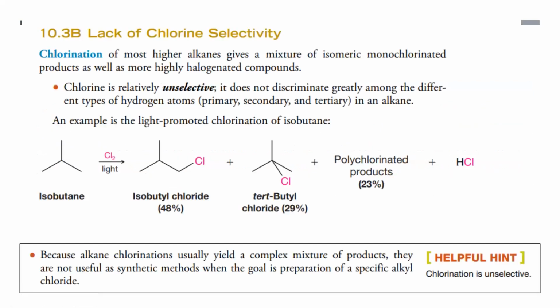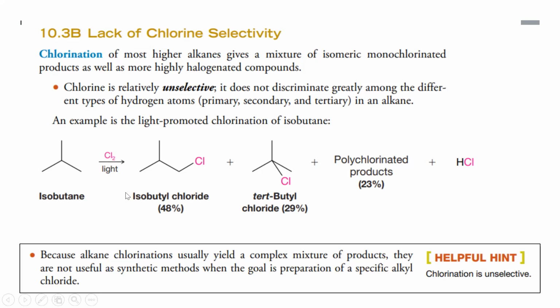So again, in the halogenation reaction of our alkanes, there's always this lack of selectivity. For example, in chlorination, the reaction is very unselective. Chlorine is relatively unselective. It does not discriminate greatly among the different types of hydrogens.